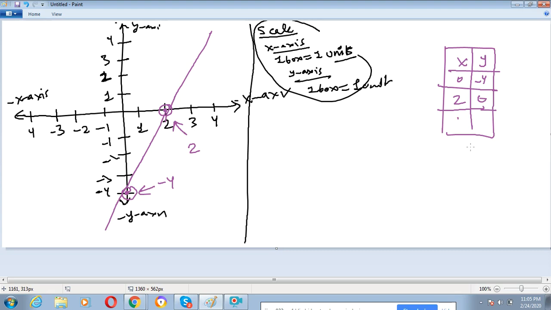y is equal to 2x minus 4. Okay, so it doesn't lie on the graph because y is equal to 490 and x is 250. 2 times 250 is 500 minus 4, which is 496, so it does not lie on the graph.